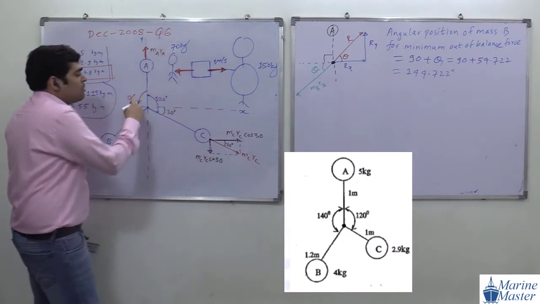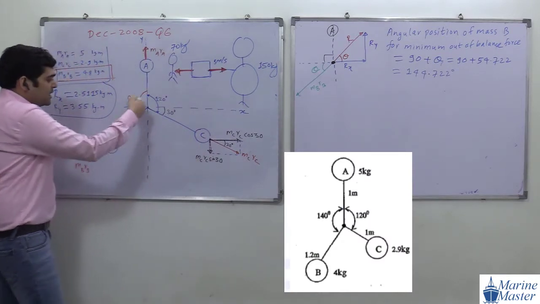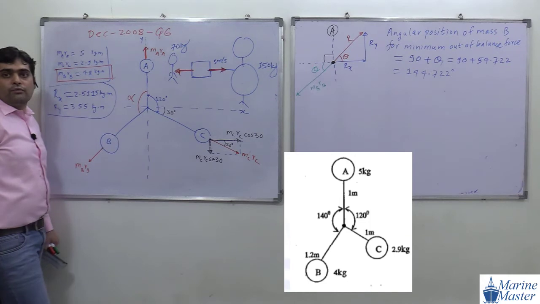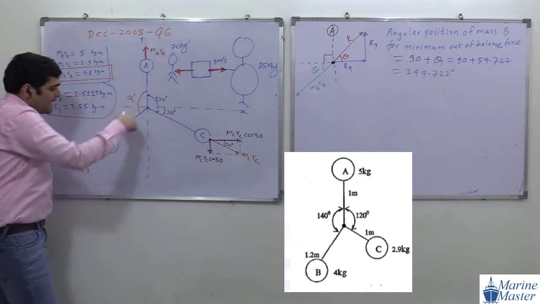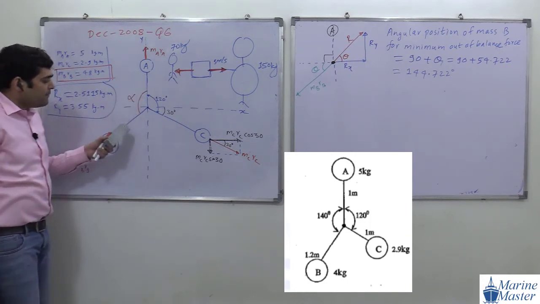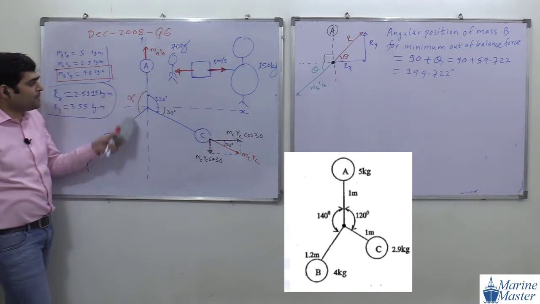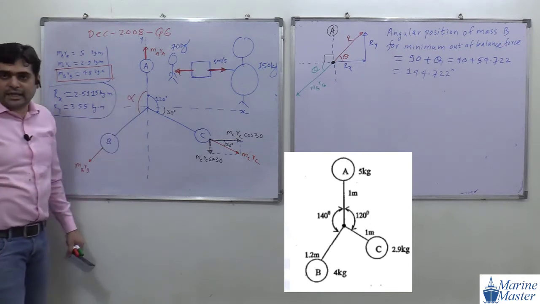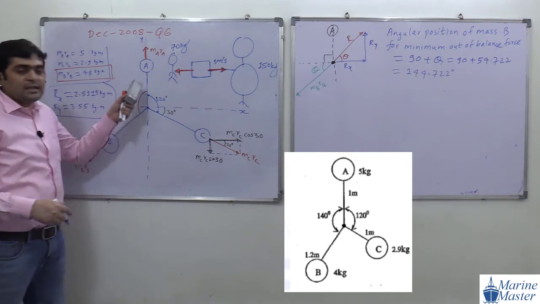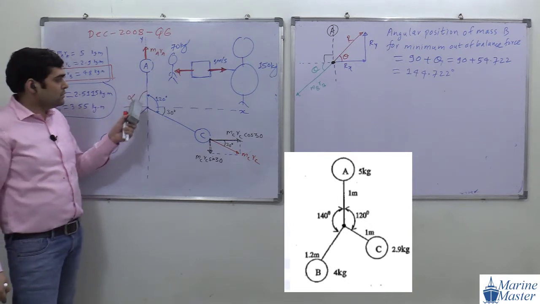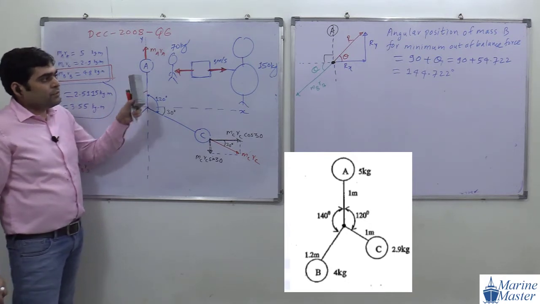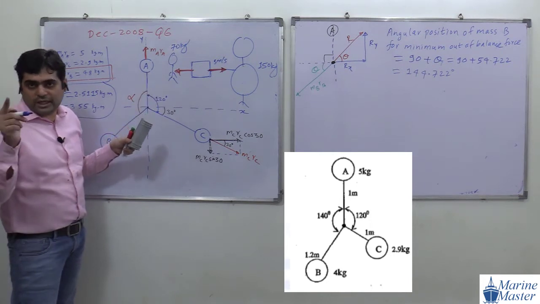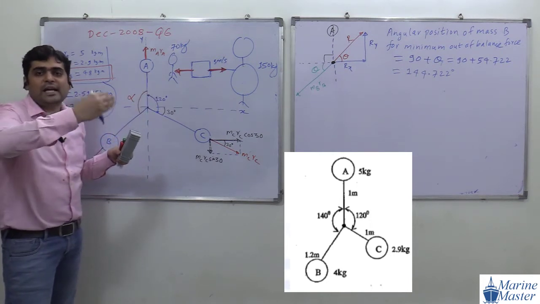Earlier, this angle was 140 degrees. This is the before-adjustment angle of mass B with respect to A. Now this angle is 144.722 degrees. So by how much angle do we have to move?